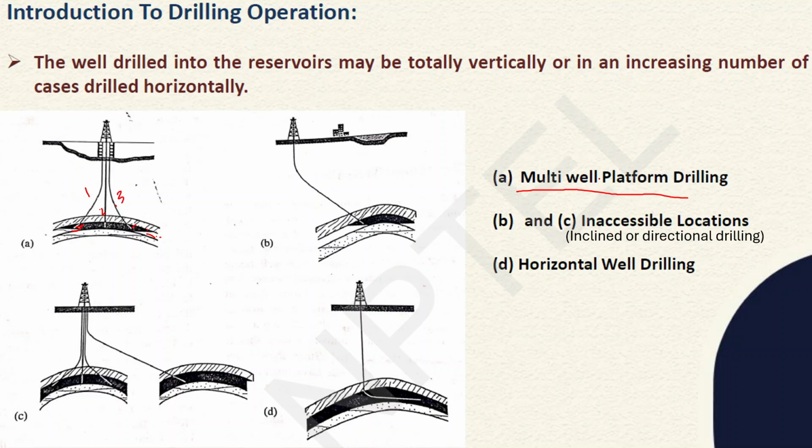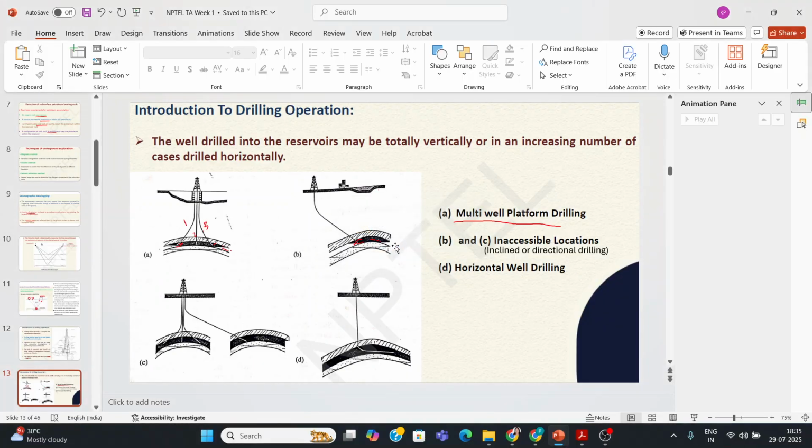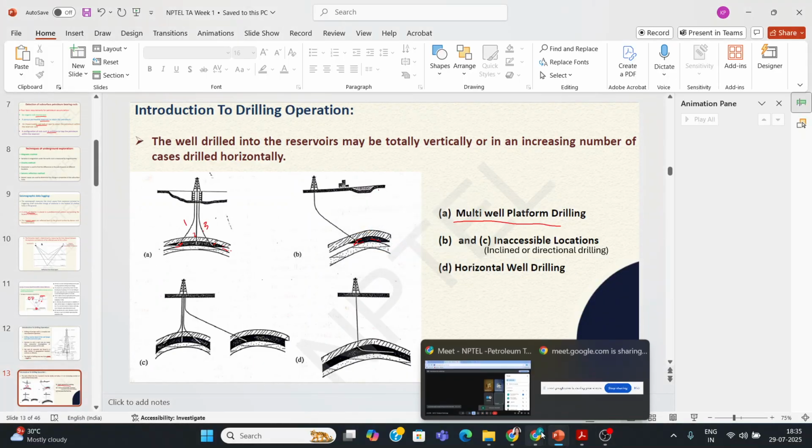The second one is inaccessible locations. Suppose there is a reserve present here, but there are some localities, buildings, and a city. Suppose a reserve is present below a city, so we obviously cannot dig in the middle of the city.